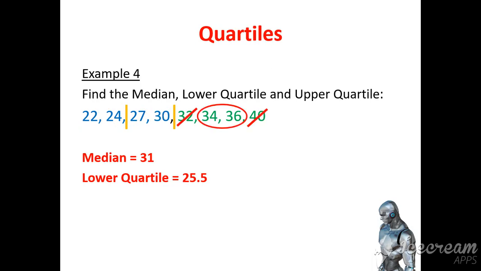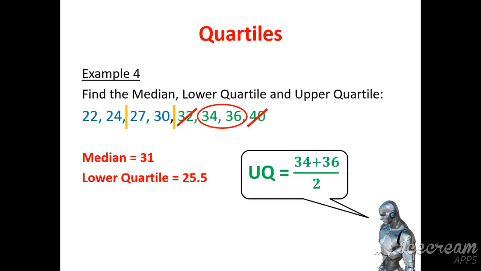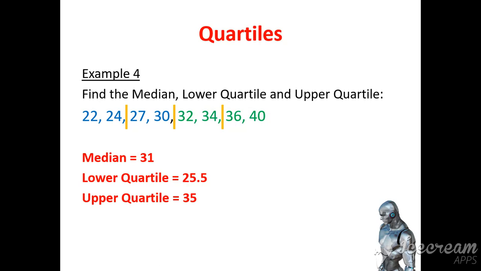When I do that for my upper group, there are 2 numbers in the middle, once again, 34 and 36. So I'm going to have to add them together, divide by 2, and that gives me halfway between them, which is exactly 35. So in my final scenario, in example 4, notice that the median is between 2 numbers, the lower quartile is between 2 numbers, and my upper quartile is between 2 numbers.